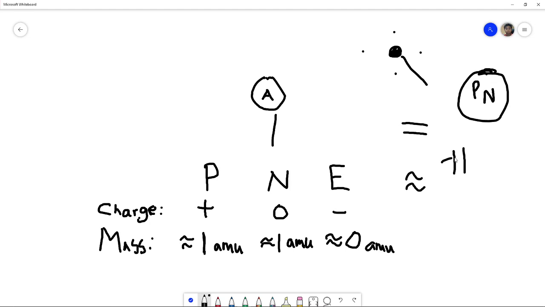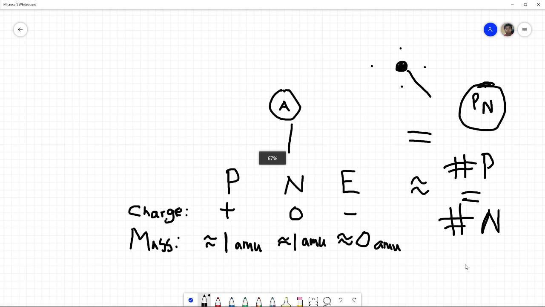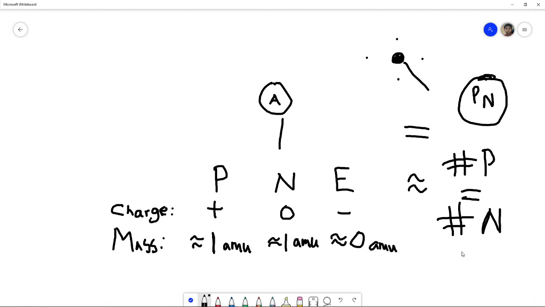P, just for reference, is equal to protons and N is equal to neutrons. So number of protons equals number of neutrons. And oftentimes this is also the same for electrons. So essentially they're the same amount of electrons, protons, and neutrons in each element.